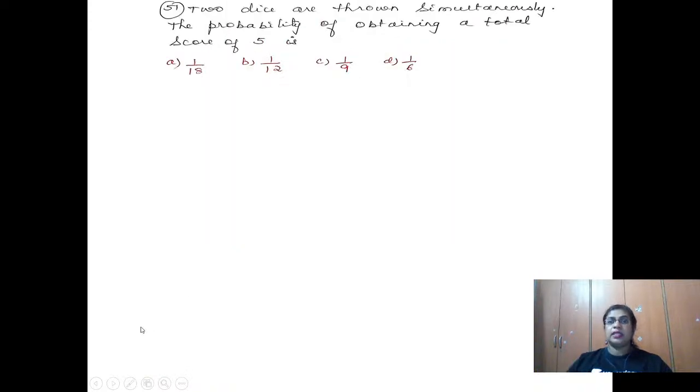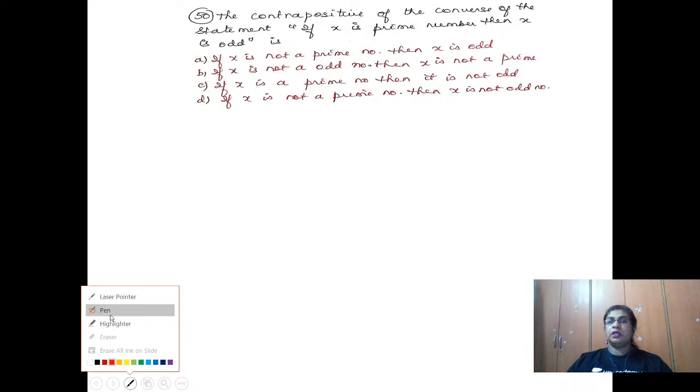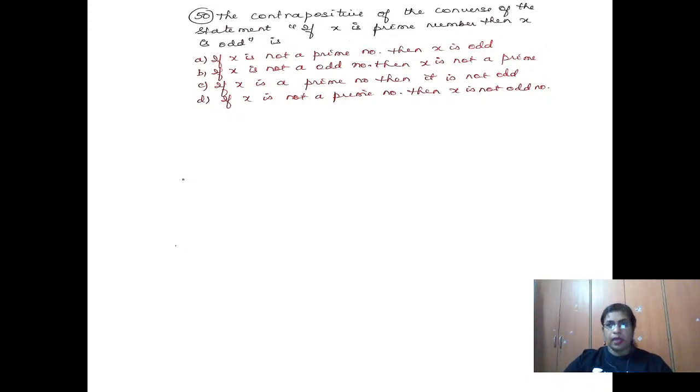Understand this carefully: the contrapositive of the converse of the statement is asked. The given statement is, if x is a prime number, then x is odd. So first I need to identify what is my P statement and Q statement. Clear? So now here is the solution part of this.